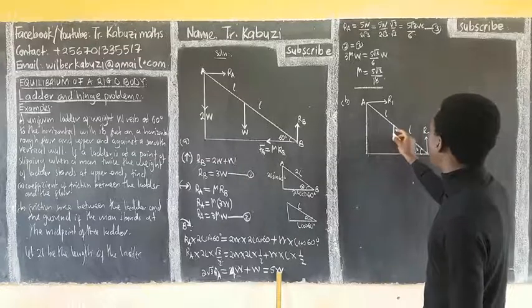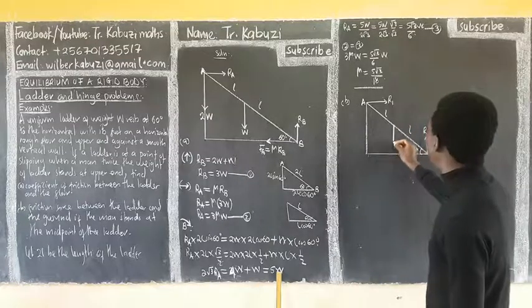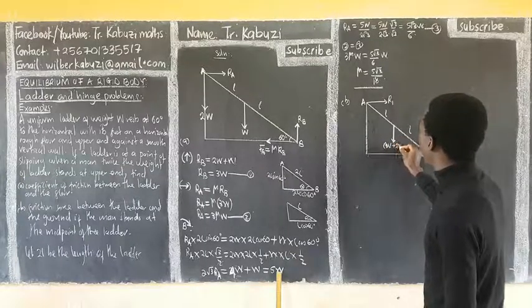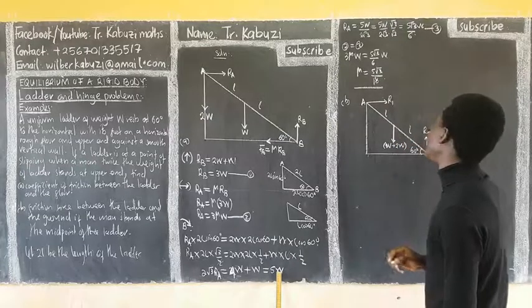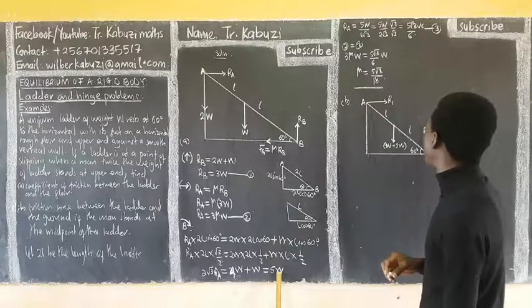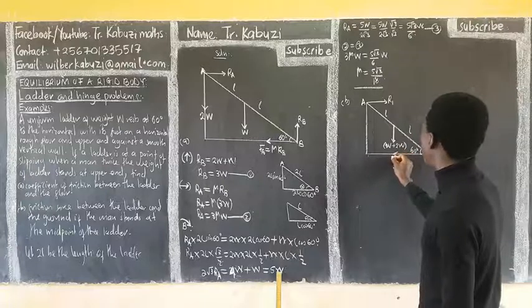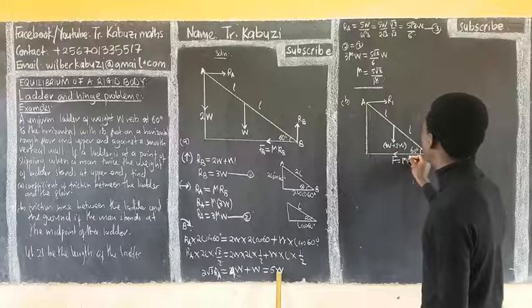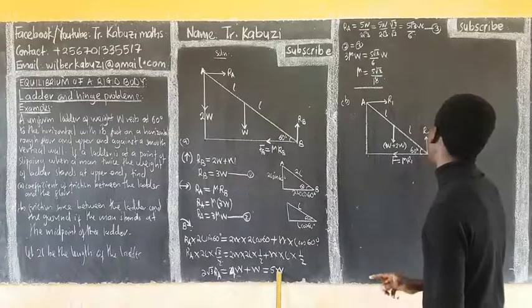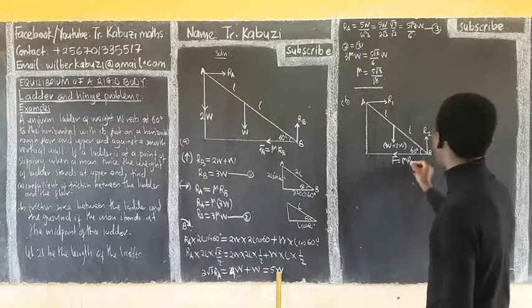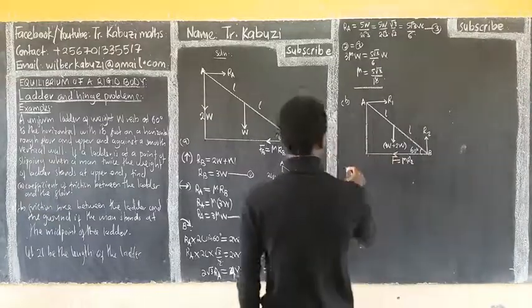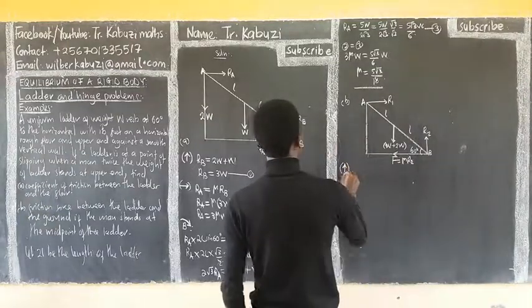Now, because this man is standing in the middle, the weight here is going to be the W for the ladder, plus the 2W for the man. That's now going to be our weight. Here I'm going to be having friction, which is mu R2. So that's what has changed. Still, resolve horizontally and vertically.